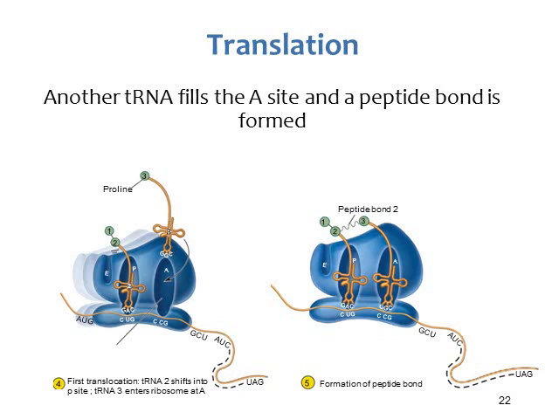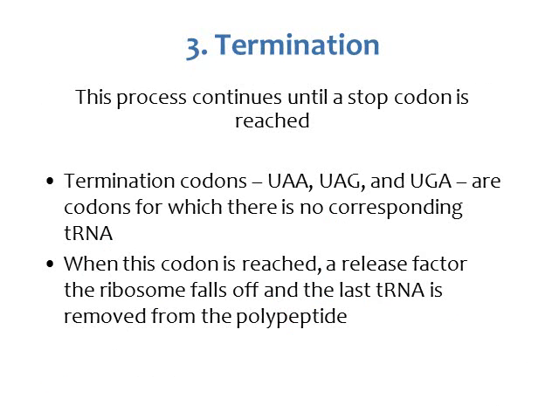So another tRNA fills the A site, and then between your third and your second amino acid, you have a peptide bond formed. And you can see that on step number 5 on the right over here. So peptide bond number 2 holding amino acid 2 and 3 together.